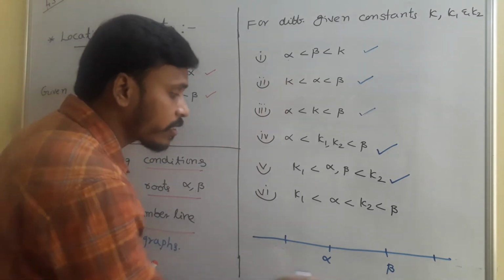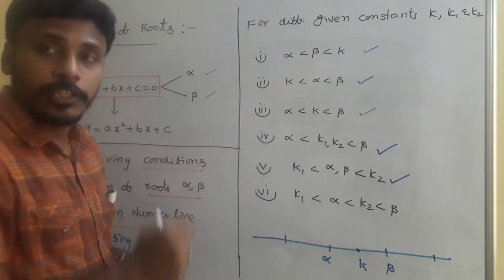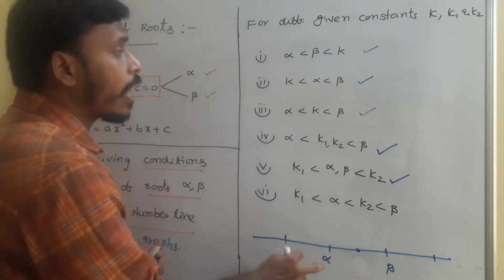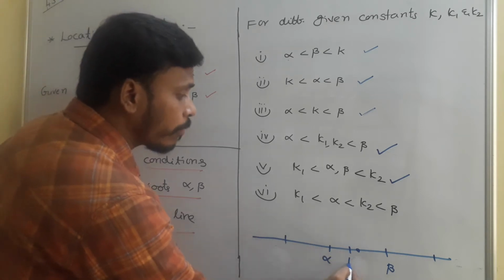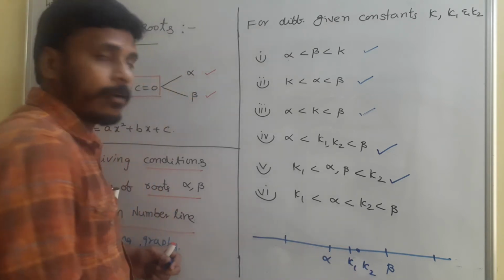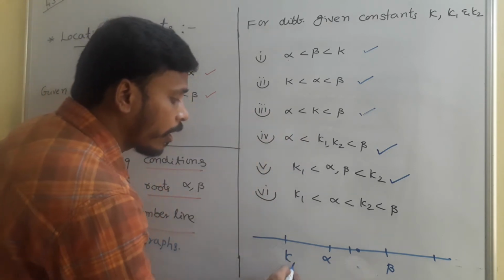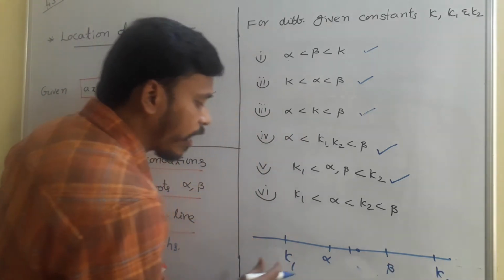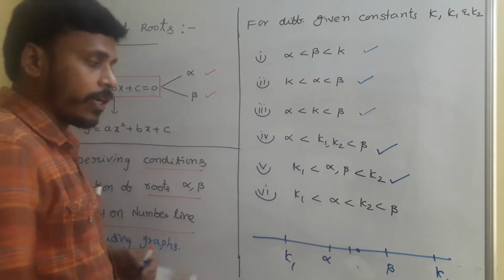If k is a number in between alpha beta, it is the third condition. If k1 and k2 are two numbers in between alpha beta, that is the fourth condition. And if alpha beta are in between k1 and k2, k1 here, k2 here, that is the fifth condition.